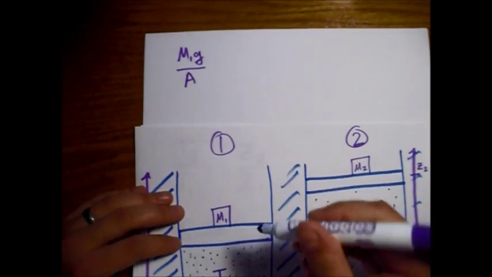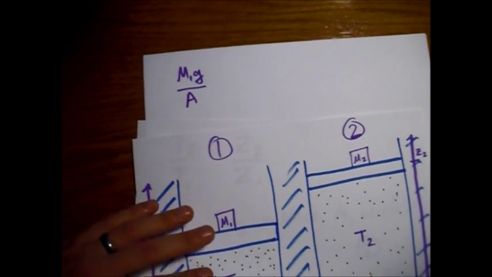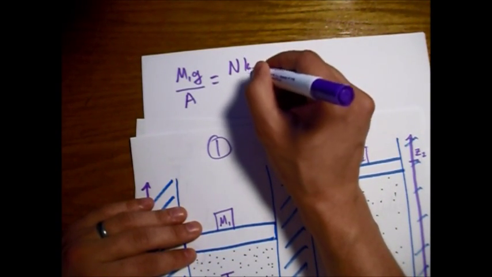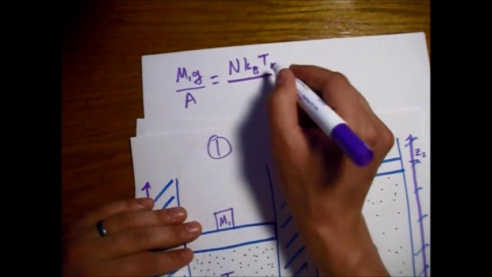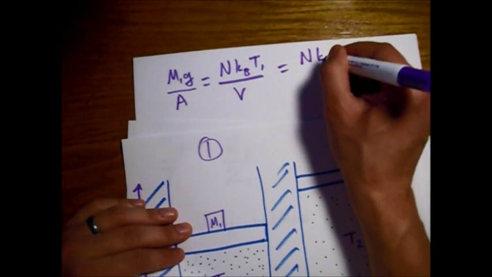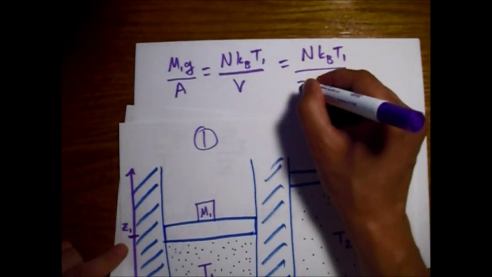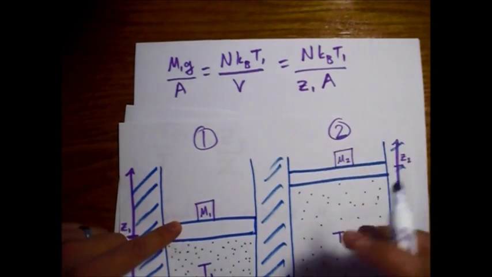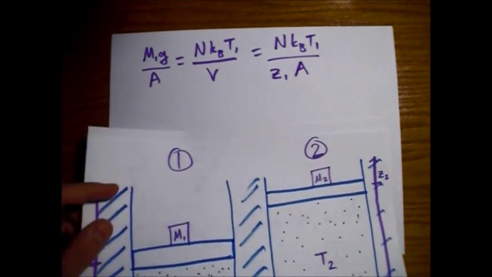So that's the force going down, and this is the pressure, right? And this is equal to N k_B T1 divided by the volume. I'll just write that. And then we're going to express the volume in terms of Z1 multiplied by the area of the piston head, right?